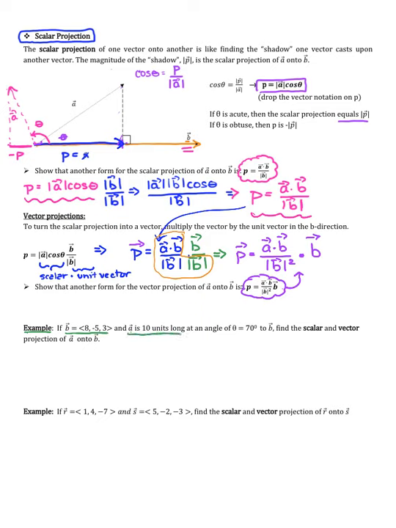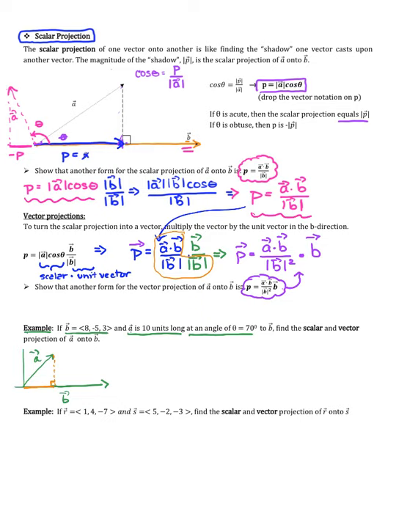We're given its magnitude, and we are given the angle between A and B. I'm not going to do B in a three-dimensional system, but just to give you a little picture of what we're looking at here: here's A, here is B. We're looking for both the scalar and vector projection of A onto B.